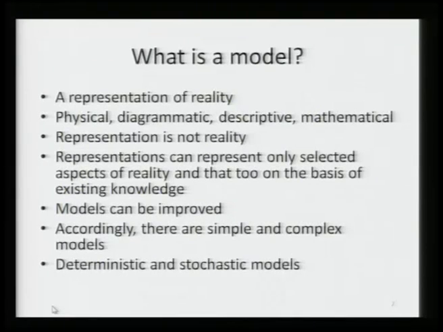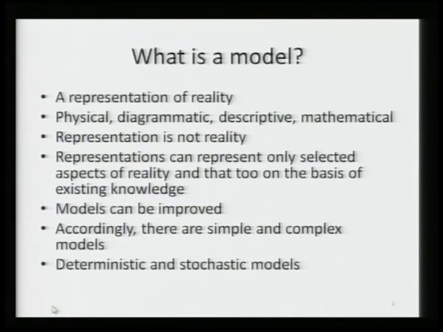If the current state of knowledge tells me that no, it is some other definite curve, say logistic growth model, which represent the growth of population better than simple linear or geometric or exponential models, then I assume a logistic growth model. So, what kind of model I develop, that depends on the state of knowledge existing in a field at a given point of time. And as knowledge improves, model can also be improved. So, that means you can consider more aspects of reality, and that way you move from simple to complex model.